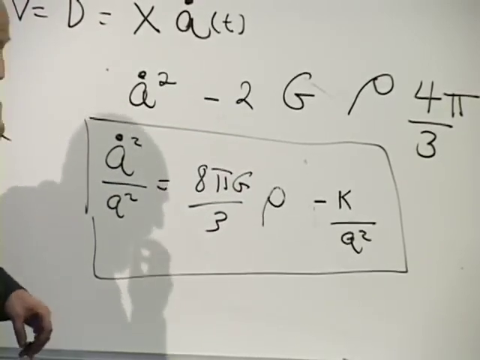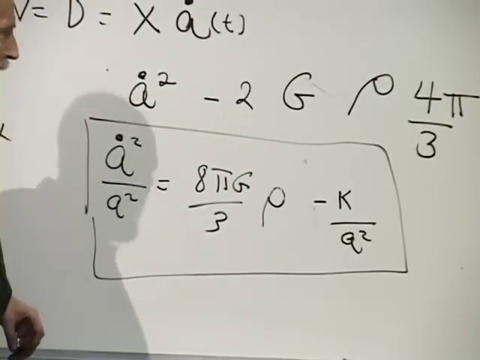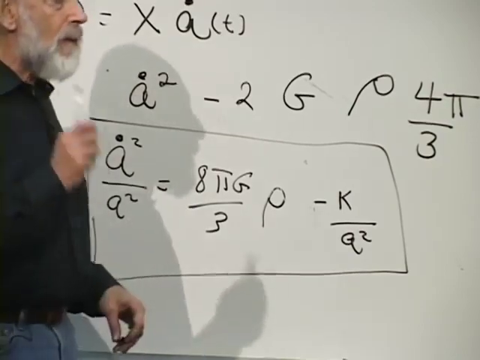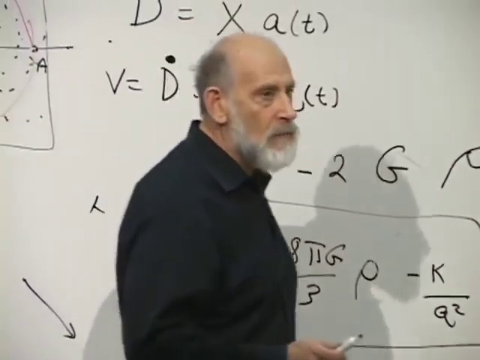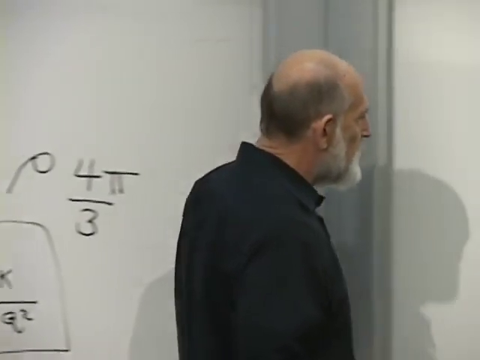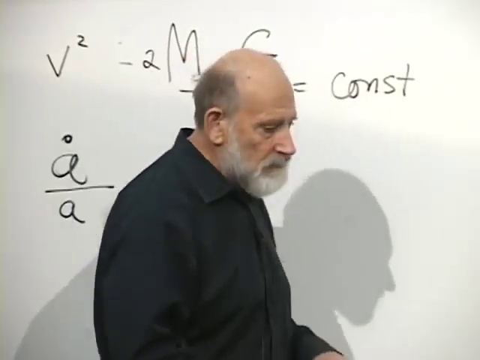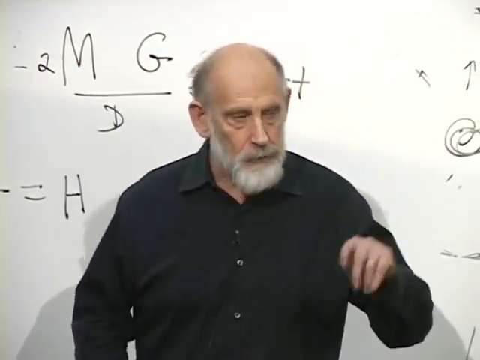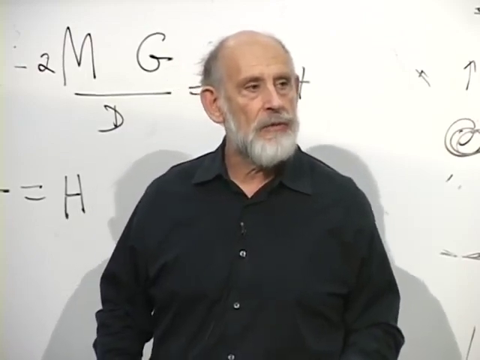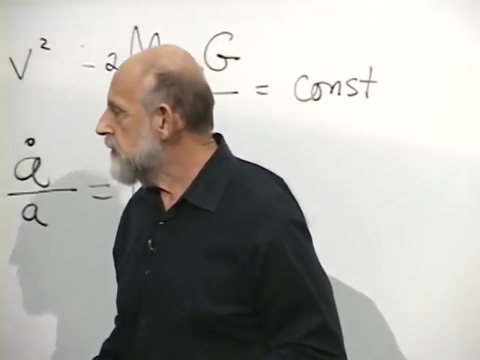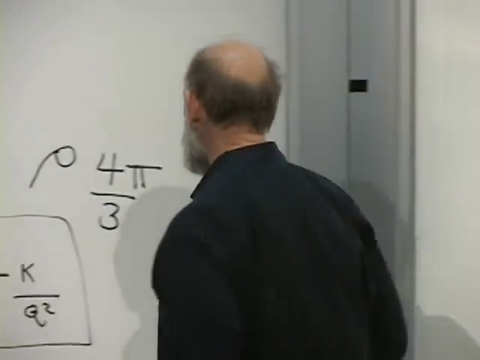Is rho proportional to 1 over x cubed here? 1 over a cubed. We'll come to it, yeah. How did you get rid of the x in the equation?